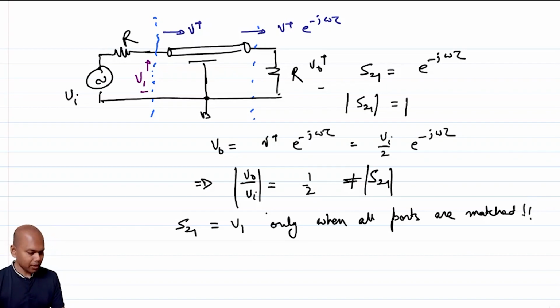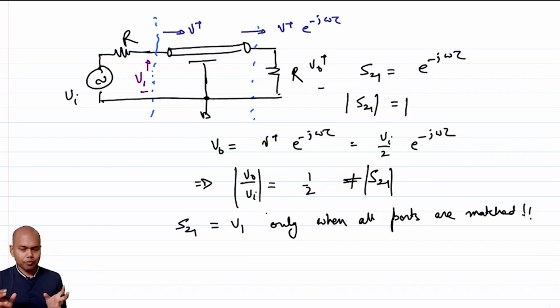So the crux of the matter is you will have to be very careful in associating the voltage gain as we know it, because voltage gain, the total voltage, is the sum total of the reflected wave and the forward going wave, right? So unless ports are matched, the total voltage is not equal to the voltage traveling through the port, right?